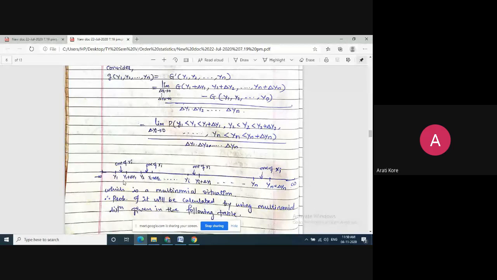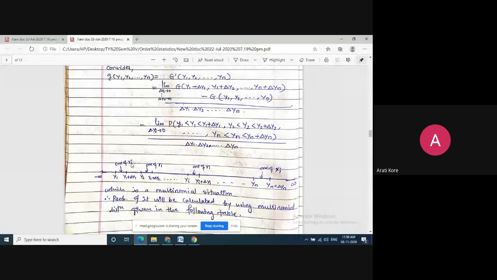Now corresponding to y1, there will be one of the xi. Not necessarily x1, but any one of the xi, because what is y1? It is the smallest of all. What is y2? Second smallest. So corresponding to each yi, there will be one of the xi, right?